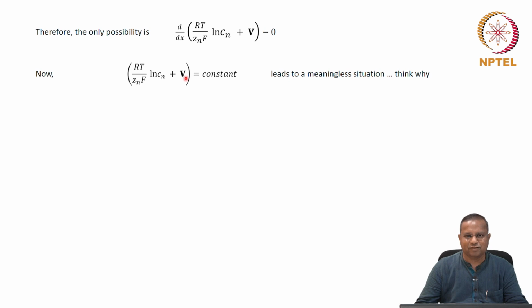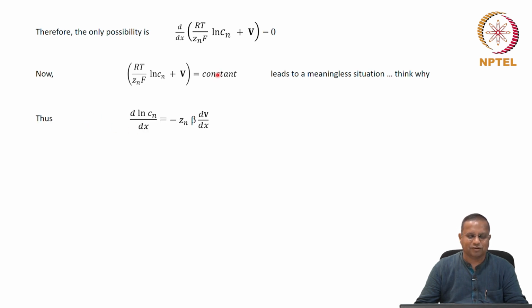Take a few minutes, pause the video, think about it. If this is a constant, it leads to a meaningless situation. If you cannot get to the answer, raise a question in the forum. We'll discuss things there.